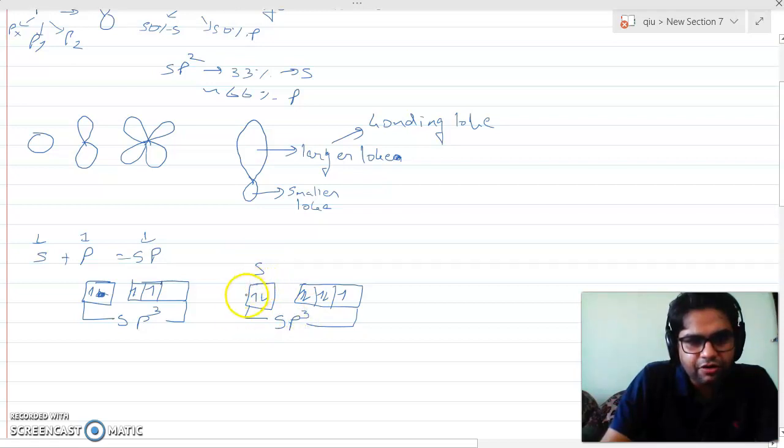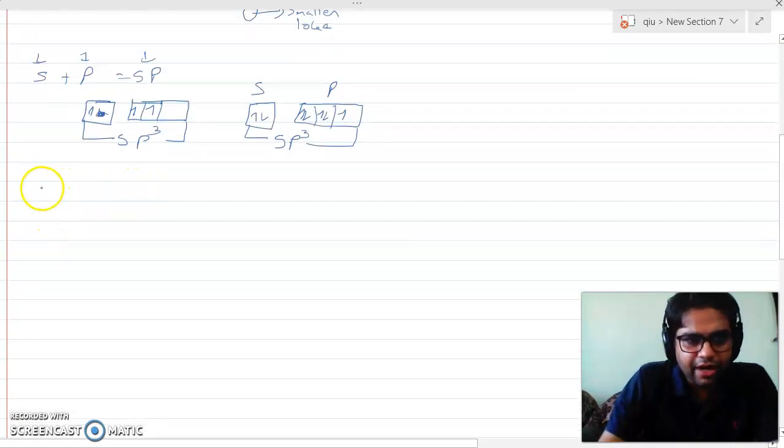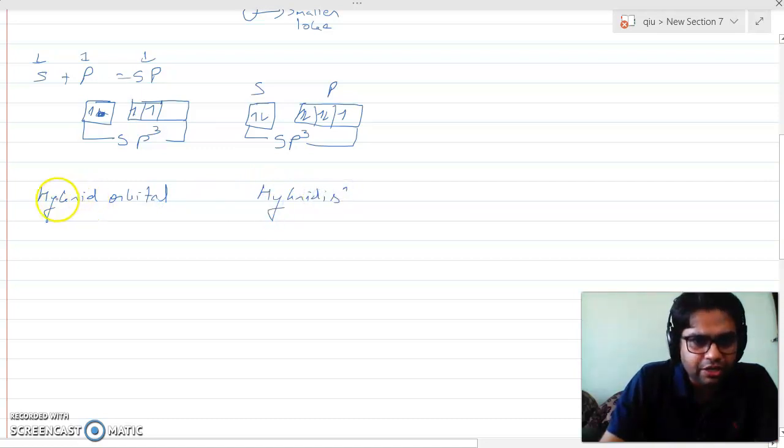Because there is one orbital from the s side and three p orbitals from the p side. So overall, hybrid orbital corresponds to hybridization.